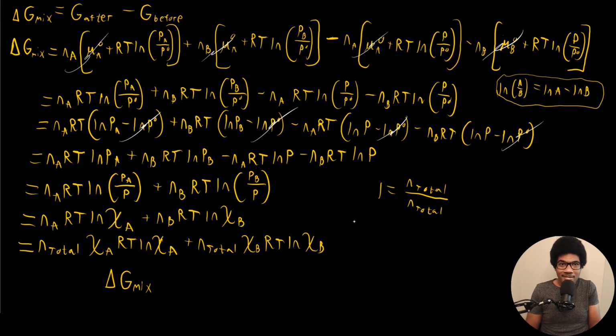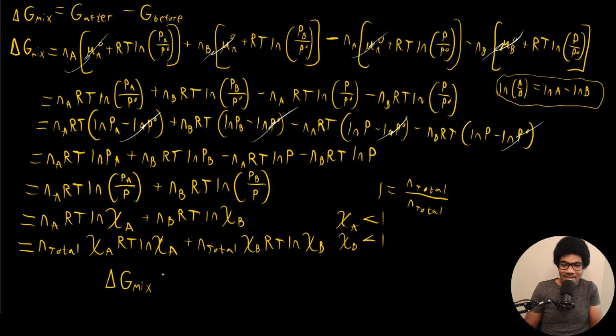If there's any mixing going on, the mole fraction of A is always less than 1, and the mole fraction of B is always less than 1. If you take the natural log of a number less than 1, you always get a negative number.